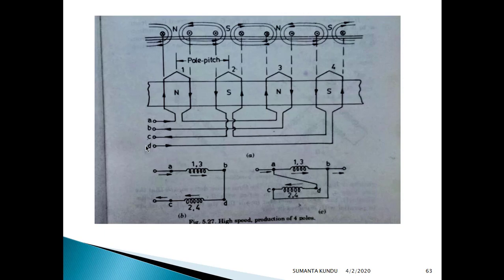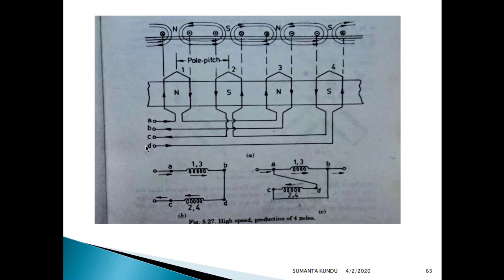So by this consequent pole technique, we can change the number of poles and at the same time vary the speed of the induction motor.